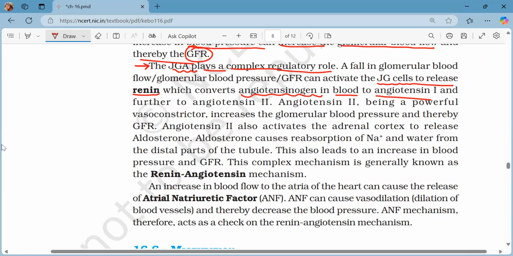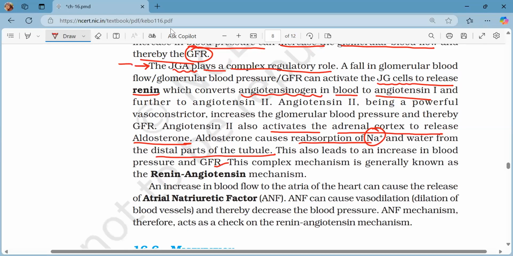So, this will be released only when the GFR has been decreased, to increase the GFR. Apart from that, angiotensin 2 also activates the adrenal cortex so that it releases aldosterone. Aldosterone is the hormone that reabsorbs sodium ions and water from the distal parts of the tubule, thereby increasing the blood pressure and the GFR.